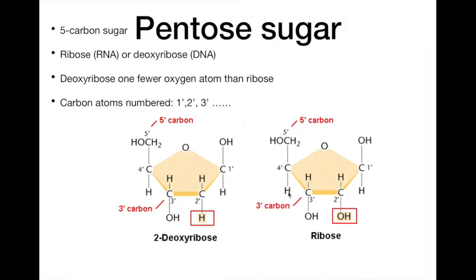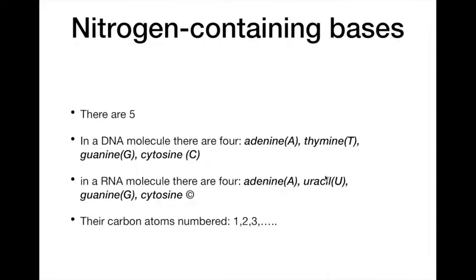So if we were to find differences between the nucleotides of DNA and the nucleotides of RNA, the first thing is the sugar. In DNA it's deoxyribose, with one fewer oxygen atom, and in RNA it's ribose. The second change is thymine and uracil.